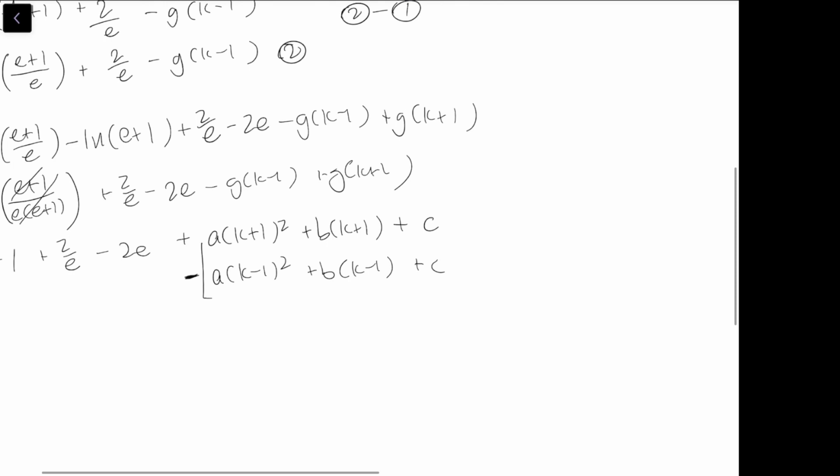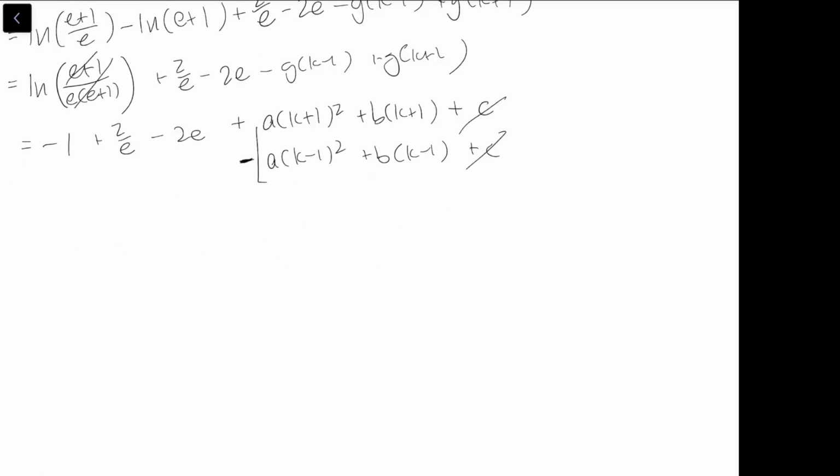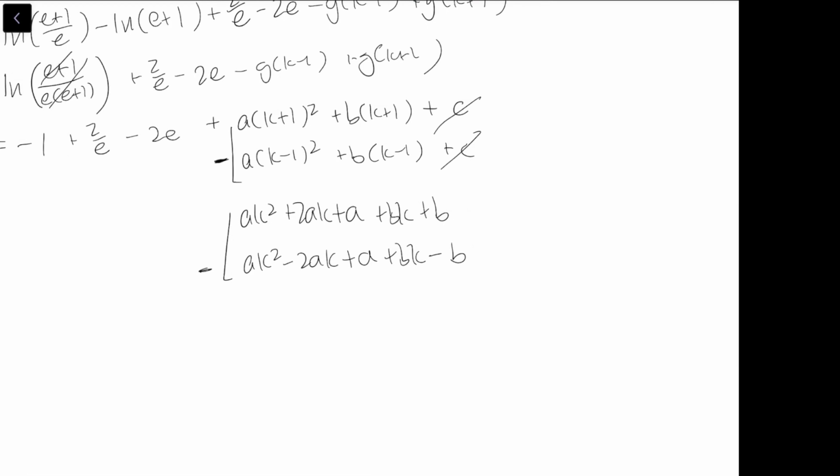So we are subtracting, so first of all c cancels. Expanding this, we get ak squared plus 2ak plus a plus bk plus b, and c is gone, minus ak squared minus 2ak plus a plus bk minus b, and there's no c. So this cancels, this cancels, and now we're left with 4ak plus 2b.